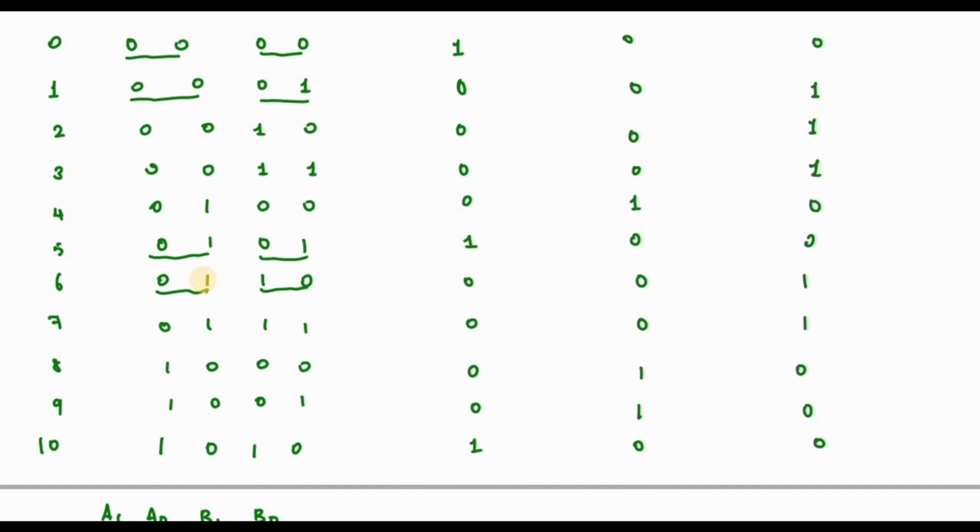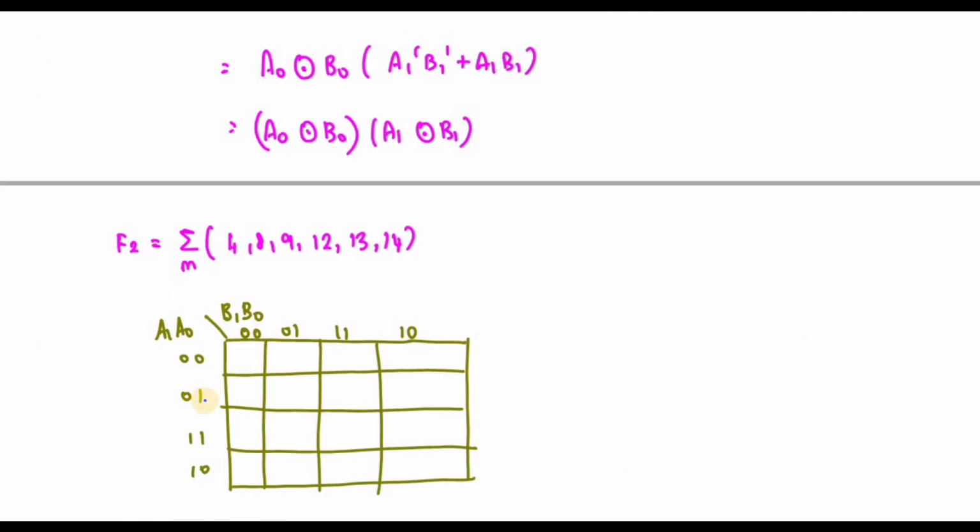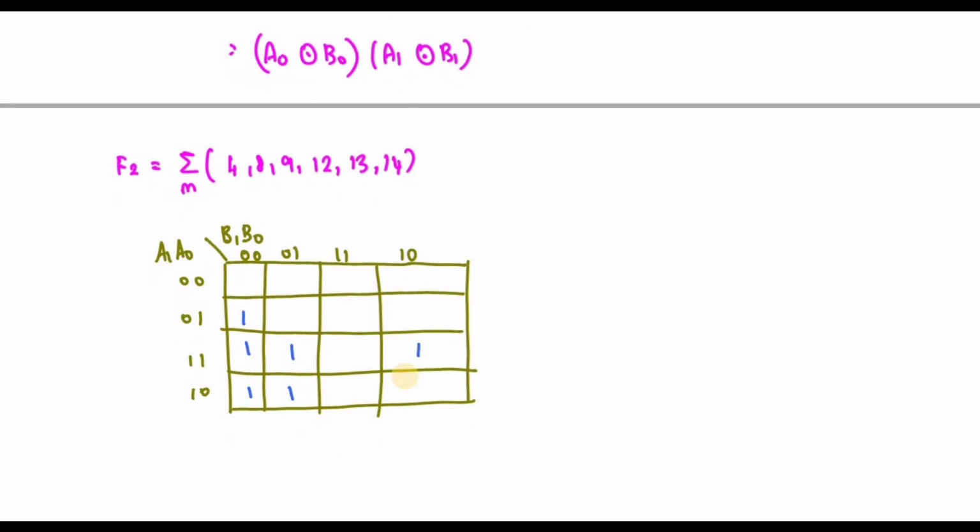It is seen that for 4, 8, 9, 12, 13, 14 it is 1. So I'm going to solve using a K-map. How to represent 4? 0, 1, 0, 0 is 4, right? This is 8, 9, 10, 11, 12, 13, 14. Okay. So you can solve like this.